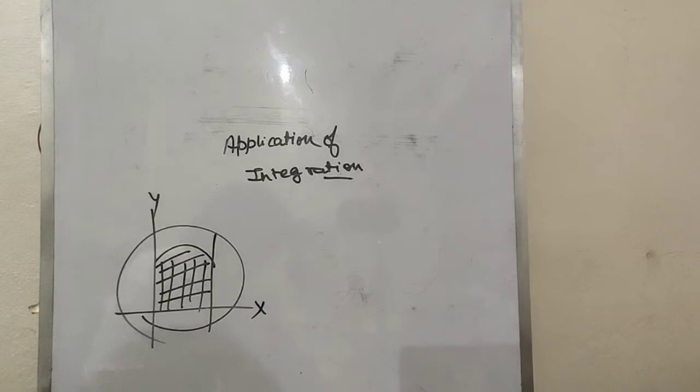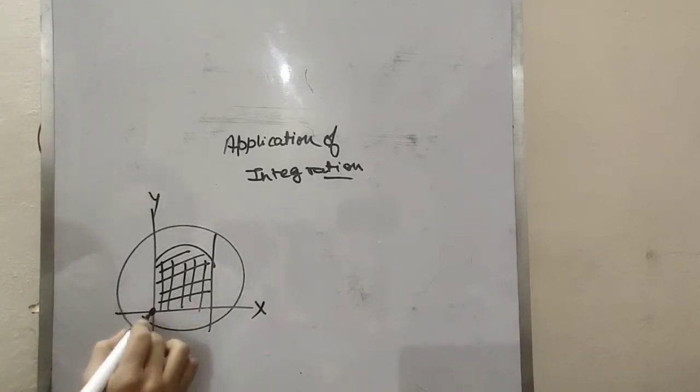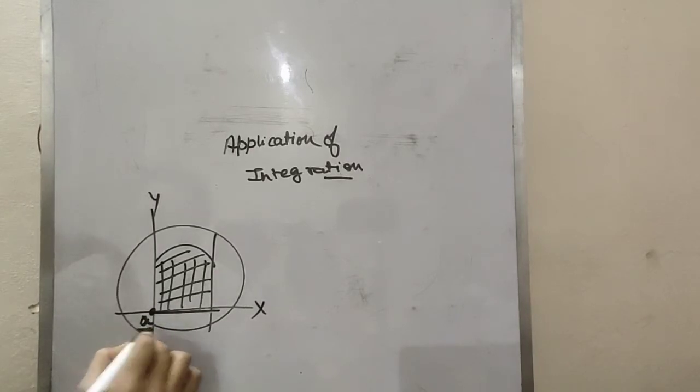There is a very simple formula that we are using. For example, if my area is bounded on the x-axis, I'm taking the starting point of a and the ending point of b.